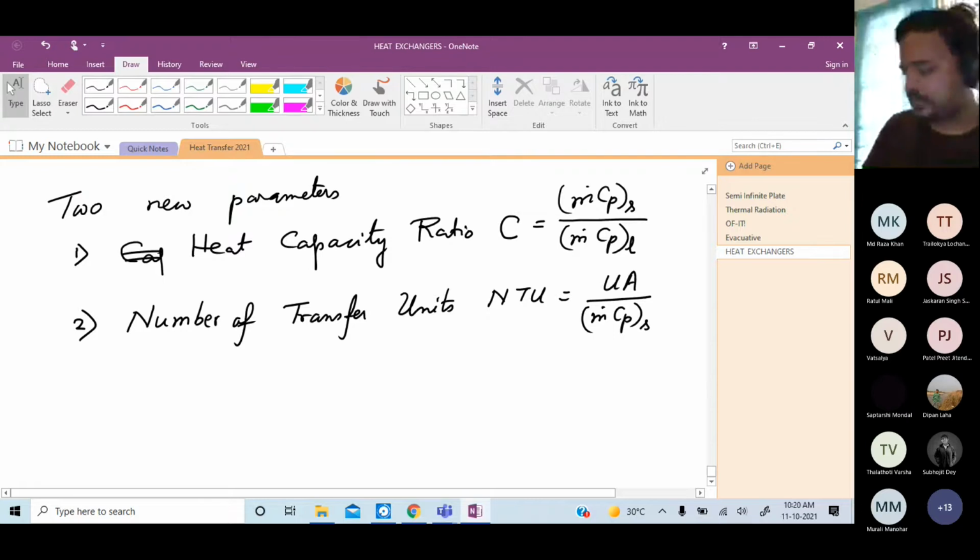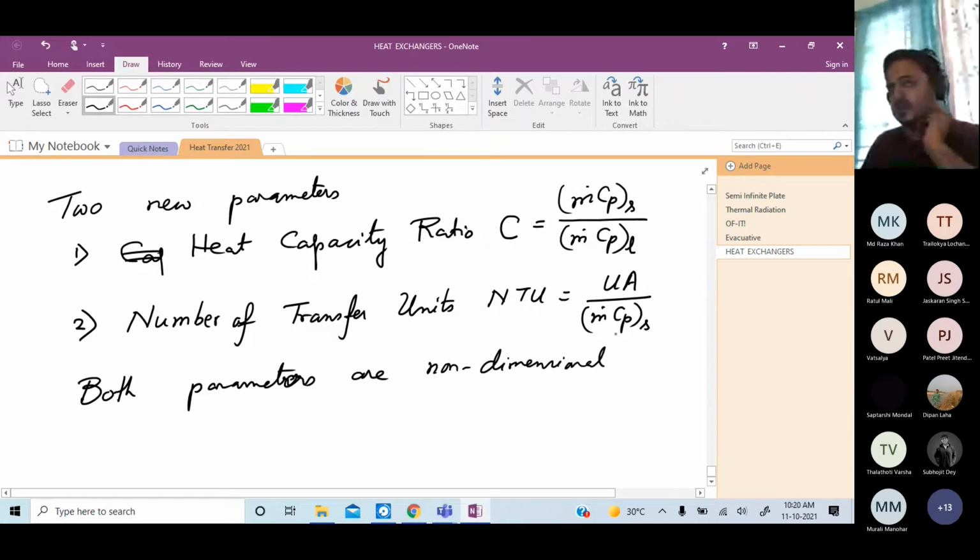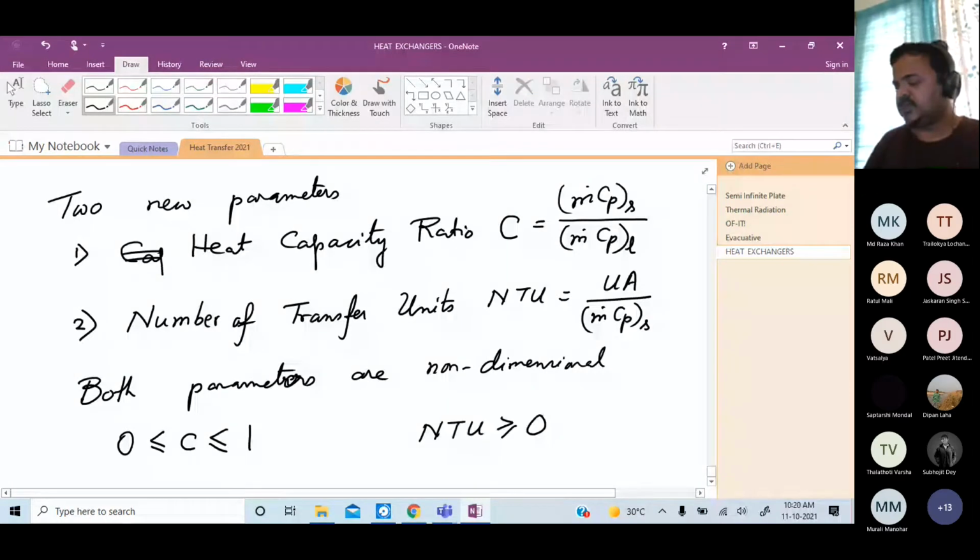Correct? Both parameters are non-dimensional, right? We love non-dimensional numbers. You have seen quite a few by now. And when we go to convection, you'll be just bombarded with non-dimensional numbers. One thing, of course, the heat capacity ratio must be less than 1 because it's smaller over larger, and NTU must be greater than 0. So these are all positive quantities.